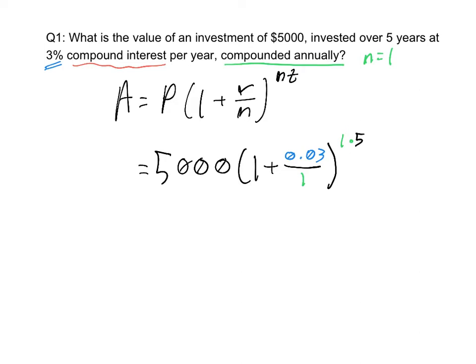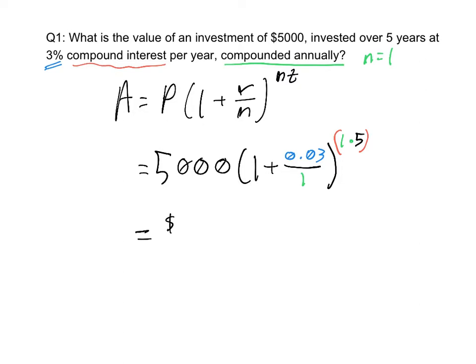Now, you're going to be doing this on a calculator. I highly recommend that you get in the practice of putting brackets here, just to remind yourself when you type this into a calculator to not leave those brackets out. So I worked this out separately on a scientific calculator.